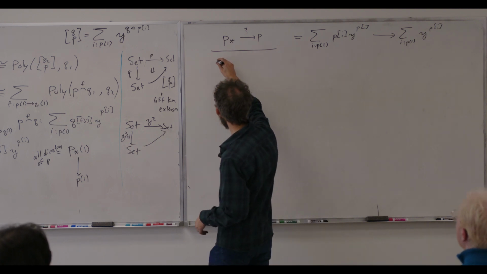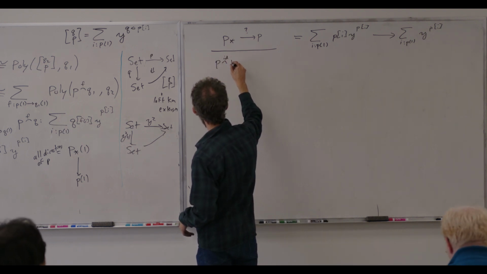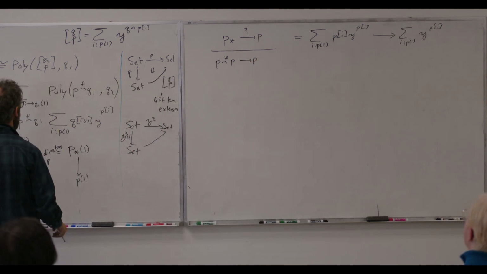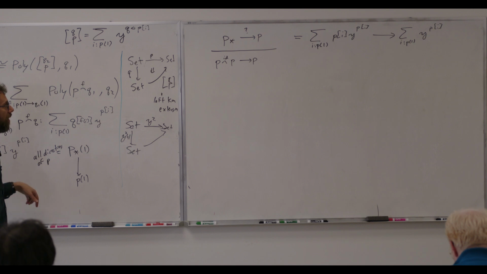But we know this is the same thing as a map from P id P to P. That's this, where F is id.